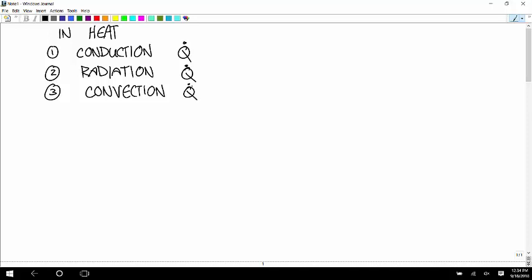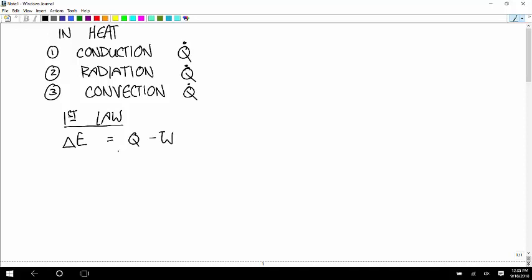And the form that we've been using mostly for the first law of thermodynamics says the change in the total energy, the change in the energy properties, is equal to Q minus W. But if we're dealing with heat transfer, then we have the heat transfer equations telling us the rate at which energy is entering the system through heat.